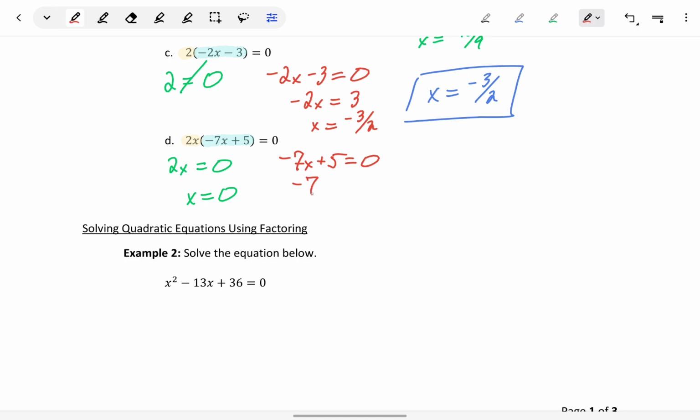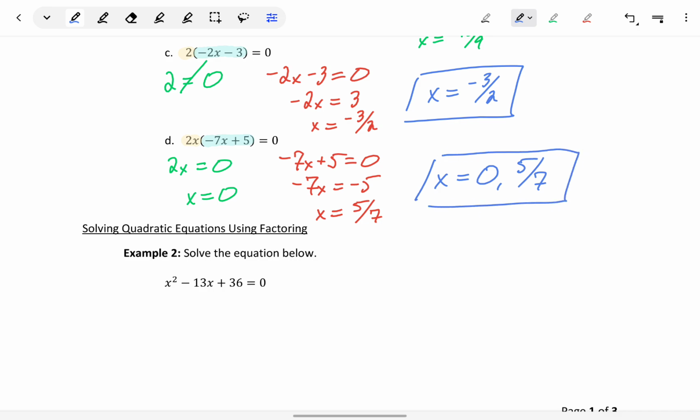And the second equation will give us negative 7x is equal to negative 5. And then after dividing, we'll end up with x is equal to positive 5/7. So in this case, we again have two solutions, 0 and 5/7. When x is equal to either of those two values, then one of those factors will be equal to 0, meaning the product has to be 0.